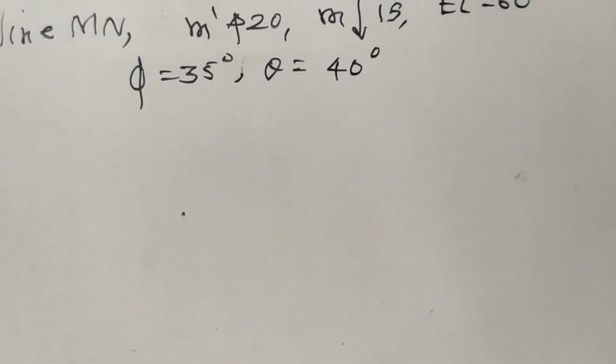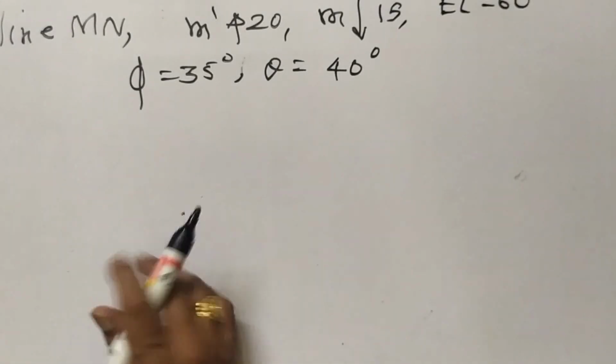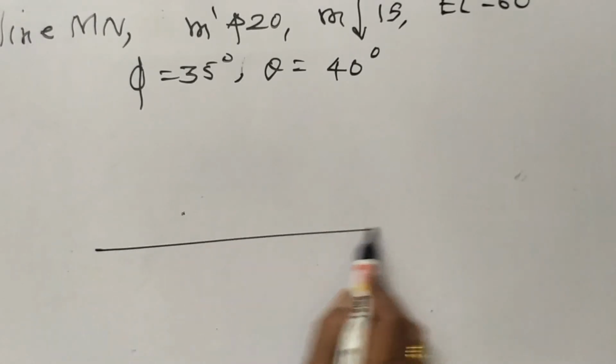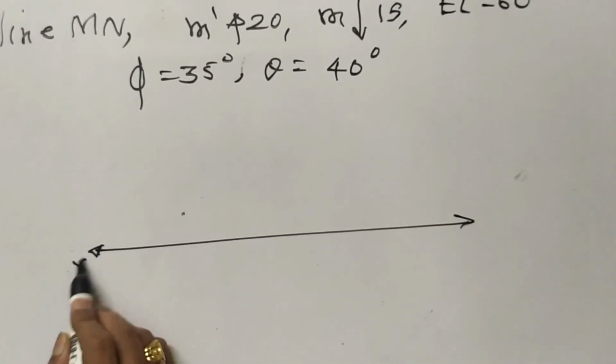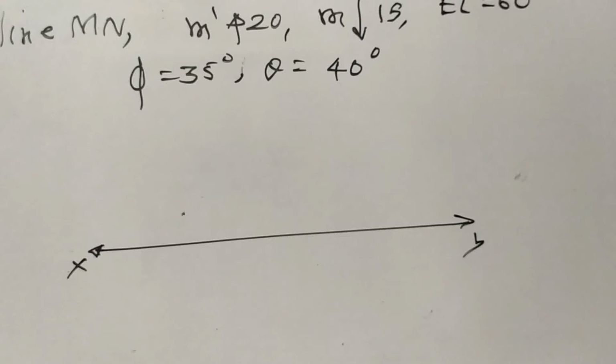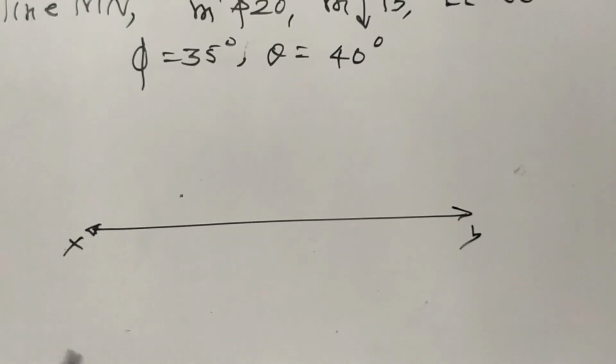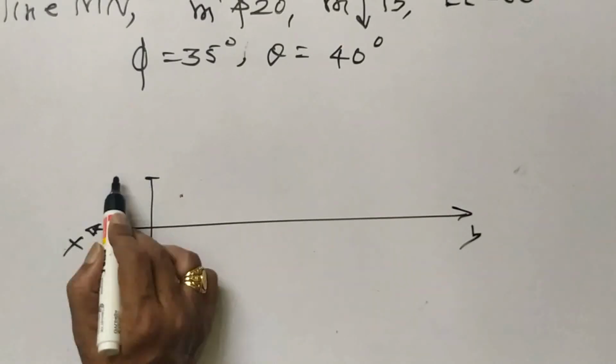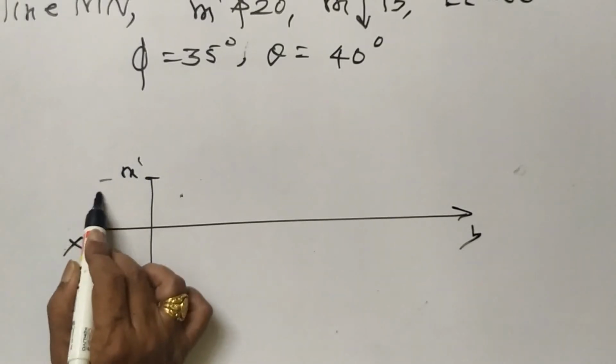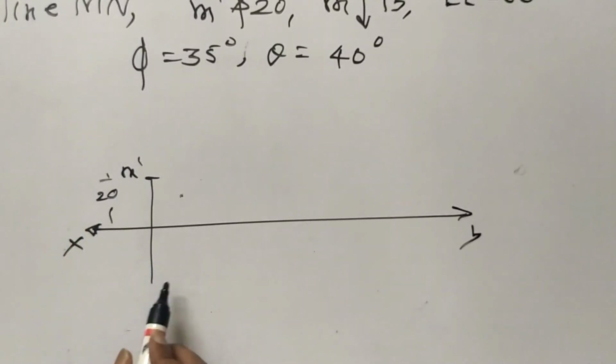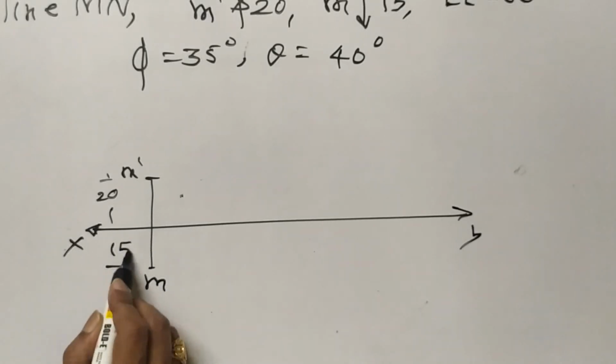Draw its projection. In this case you first have to mark the data. This is the XY line, and with this I will mark the point. I will drop a projector. I will mark M dash, this is 20, and then M, this is 50.